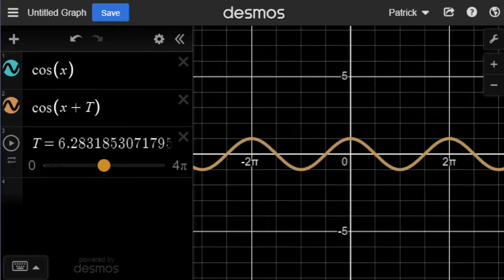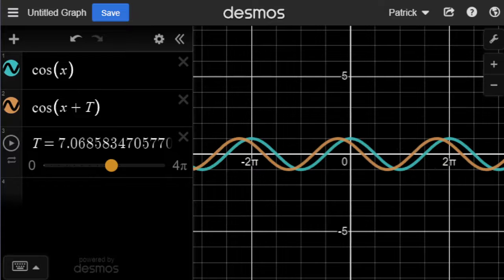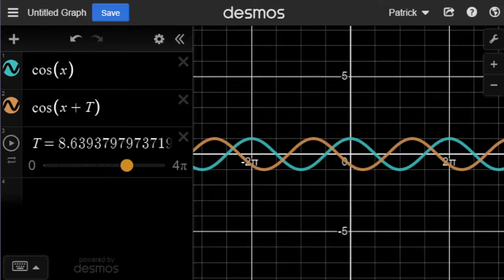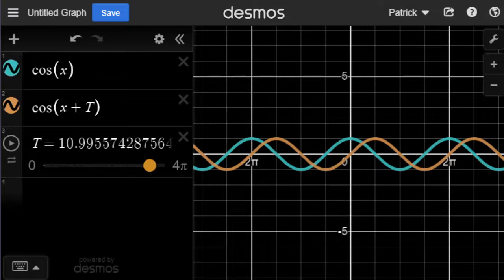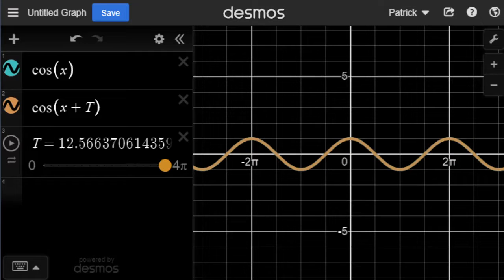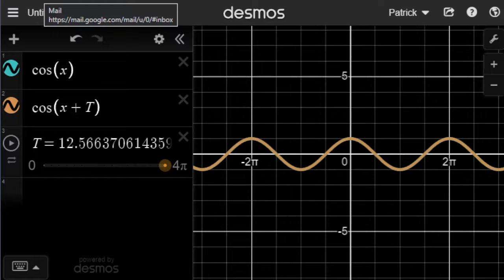But the interesting thing is if I keep going, I'll get to the exact same place again. So a function that has a period of 2 pi also has a period of 4 pi and also has a period of 6 pi and 8 pi and so on.